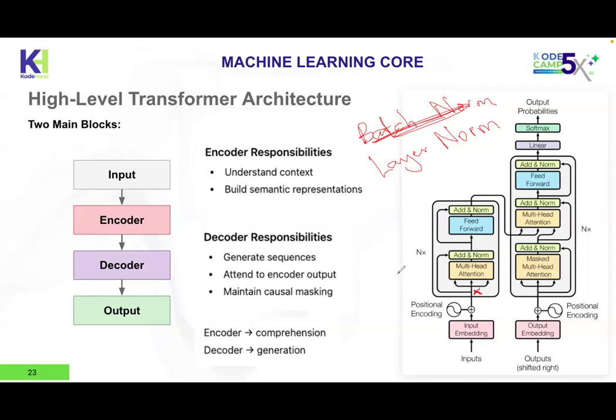So the essence of this, remember, this thing is what we call a skip connection. And the purpose of the skip connection is to ensure that we minimize the vanishing gradient. If you remember when we talked about LSTM, that's one of the things that they introduced to solve the problem, right?